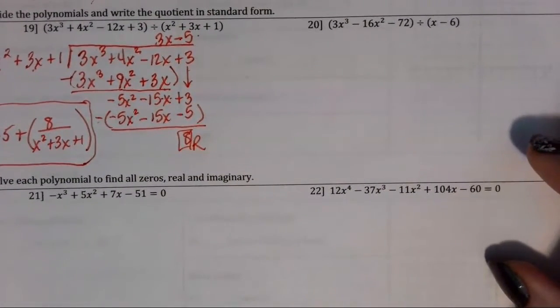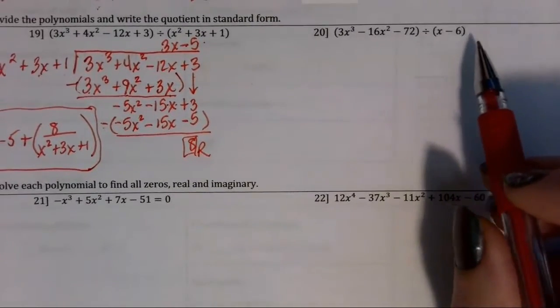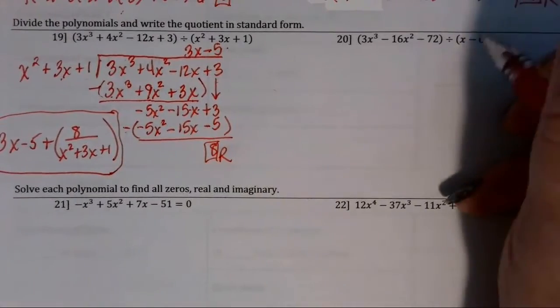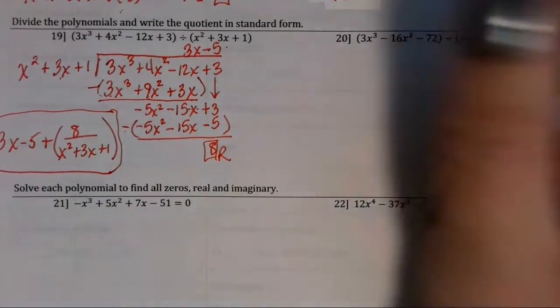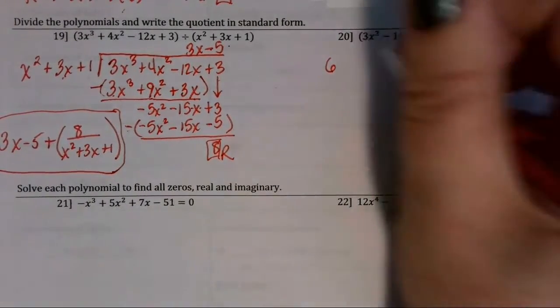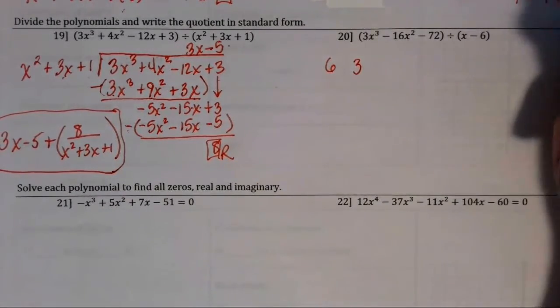Okay, then in number 20, I have a linear divisor, so I can use synthetic division. And I have a x minus 6, so I'm going to divide using 6 out front. And then I list my coefficients in decreasing order of exponent, putting in zeros for missing place values.